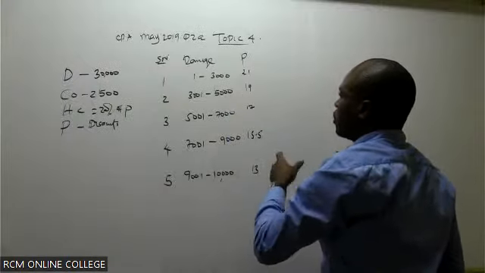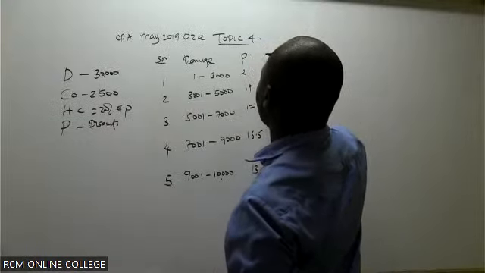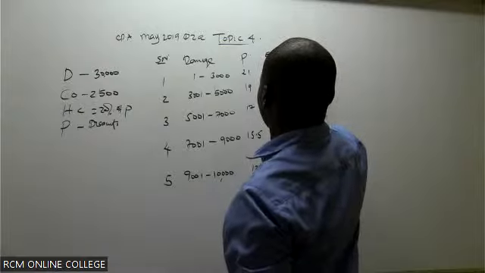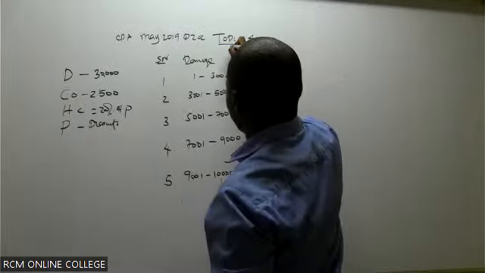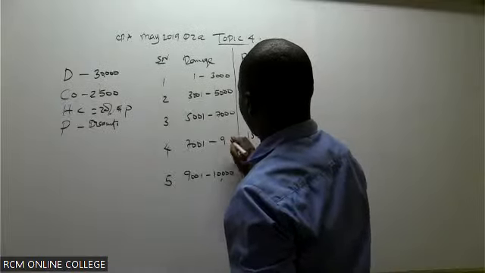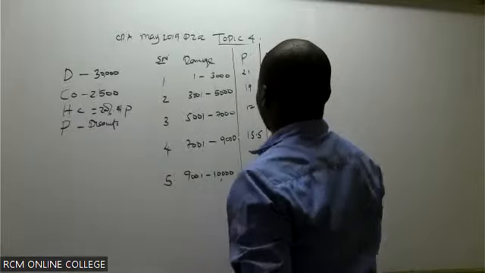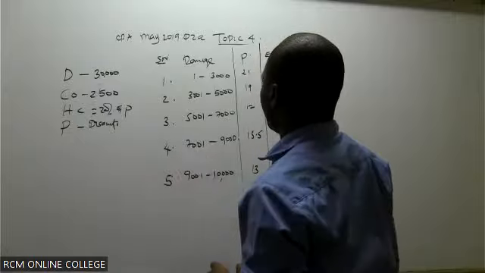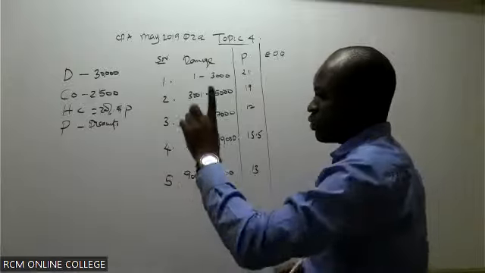Now, I want us to calculate economic order quantity here. For each, after calculating the economic order quantity, we should be able to come up with the real economic order quantity, the one we are going to apply for us to be able to get the total cost.